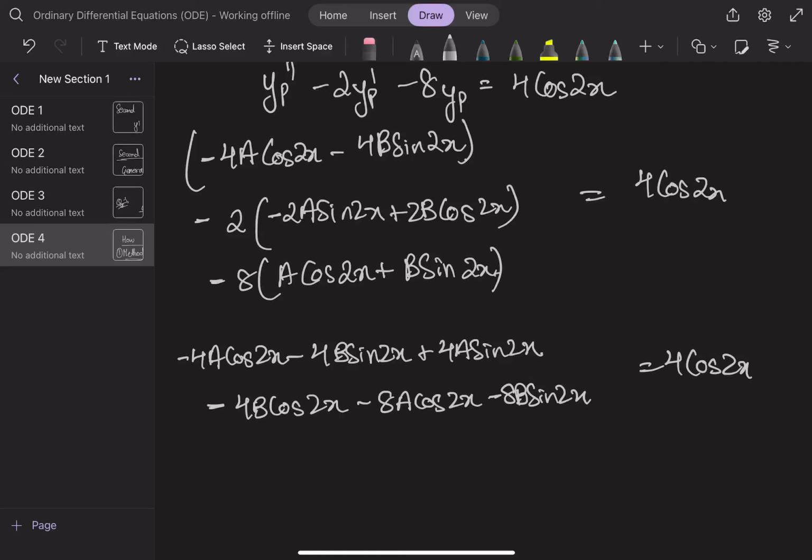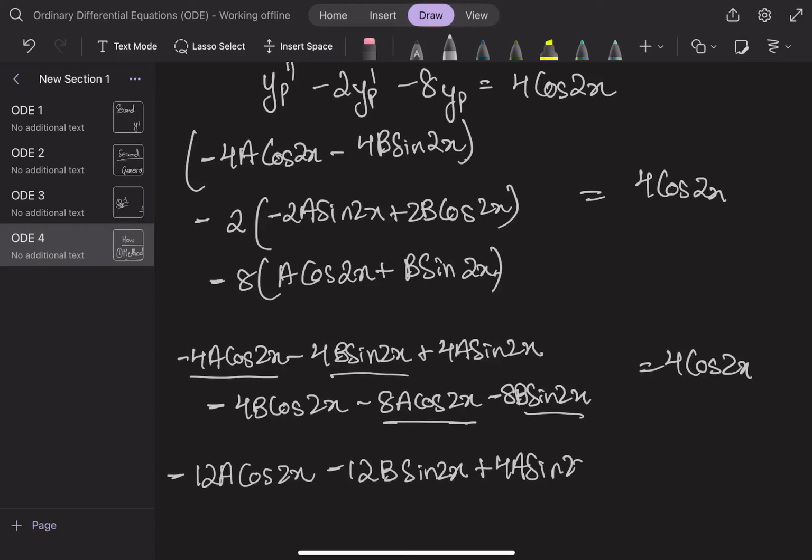Minus 4a cos 2x minus 8a cos 2x, that's minus 12a cos 2x. Minus 4b sin 2x minus 8b sin 2x is again minus 12b sin 2x. Plus 4a sin 2x minus 4b cos 2x is equal to 4 cos 2x.